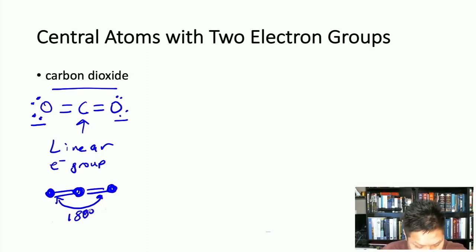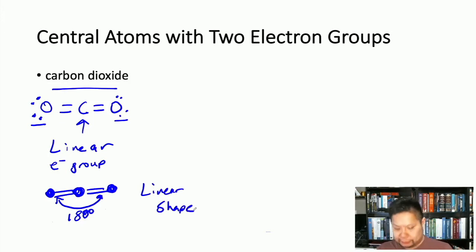So it has a linear shape as well. Carbon dioxide was pretty simple because we had already done that on the previous slide as an example.